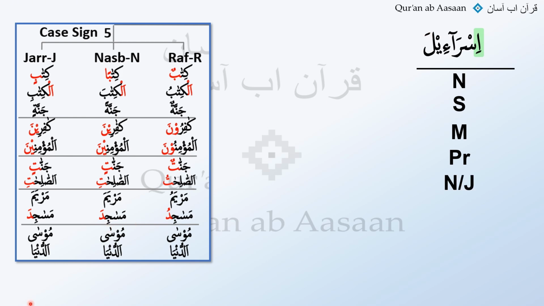We write it as Nasb Jar. We say Nasb Jar as well, not Nasb and Jar. Question mark. And the translation is what? Zaidun is Zaid, Adamu is Adam, Maryam is Maryam, Israel is Israel. Or should I say the Israel? What do you think? Yeah, we don't write that with the name, so it is just Israel.